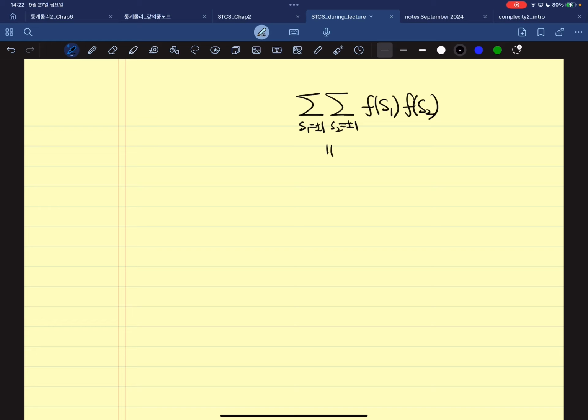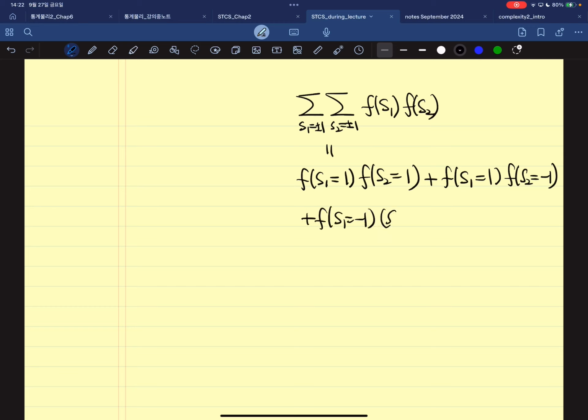There are 4 configurations, of course. So f(S1 = 1) times this one, and S1 = 1, S2 = minus 1, plus S1 = minus 1, S2 = plus 1, plus this one.